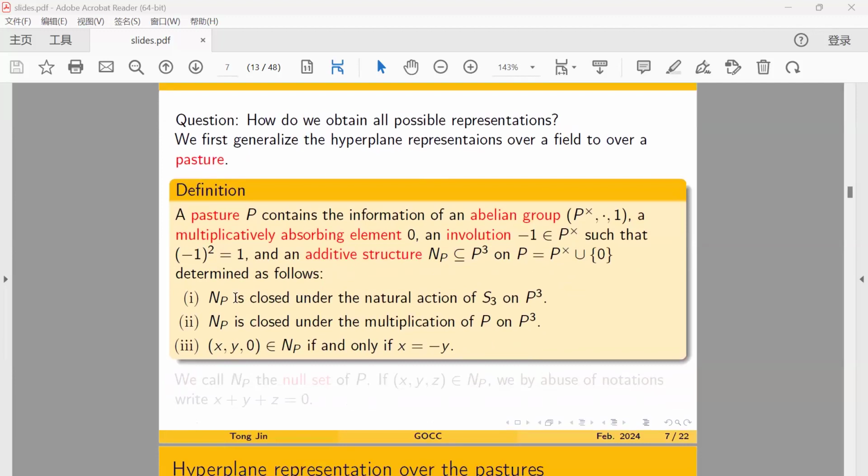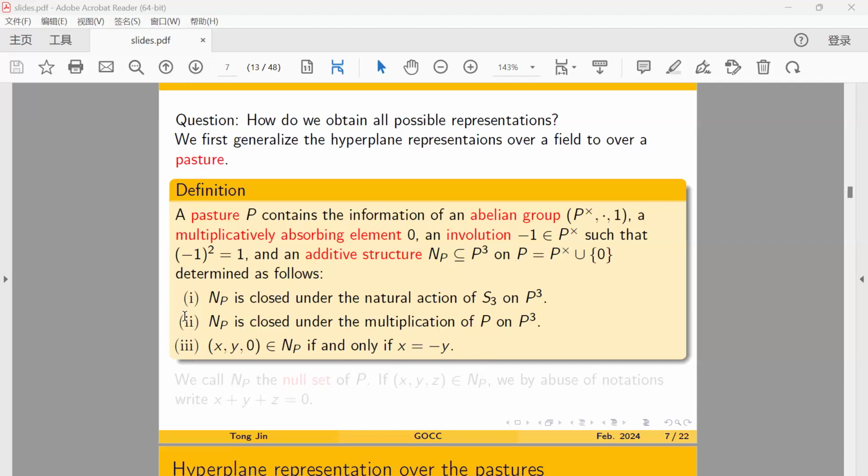The first one is that N_P is closed under the natural action of the symmetric group S_3 on P^3. So for instance, if (1, 2, 3) is in N_P, then (2, 1, 3) and (3, 1, 2) are also in the additive structure N_P. So it is somehow the commutativity of the addition in the usual sense.